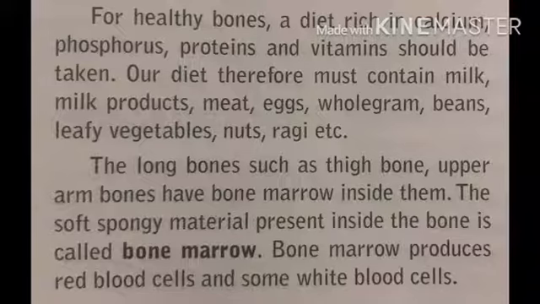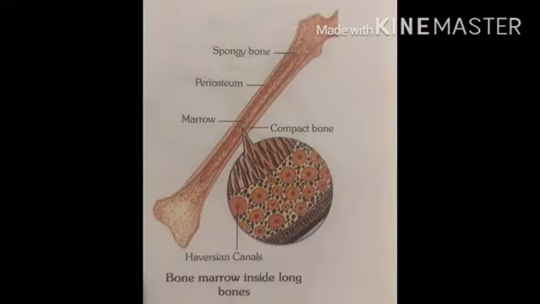Bone marrow produces red blood cells and some white blood cells also, which means the red blood cell is formed inside the bone. This figure is also in your book at page number 115. This is the bone marrow inside a long bone.